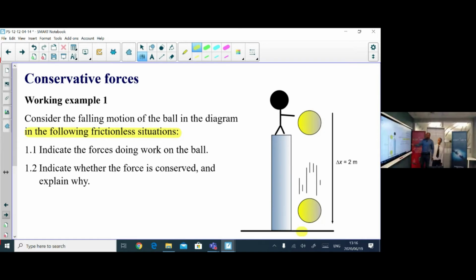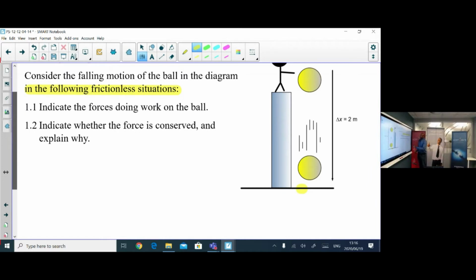Number 1, indicate the forces doing work on the bar. In other words, you have to check there is only one force acting there. That is the gravitational force. Number 2, indicate whether the force is conserved and explain why.